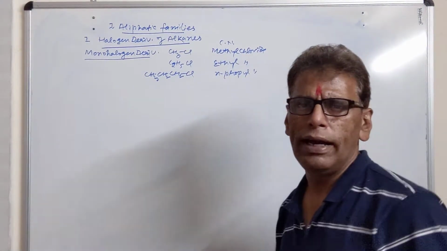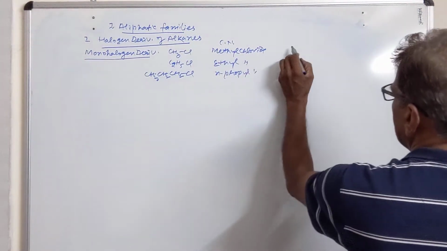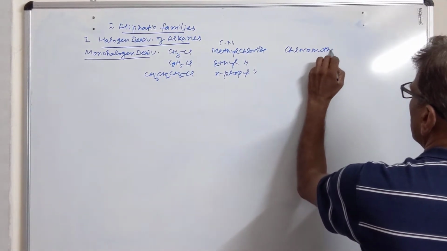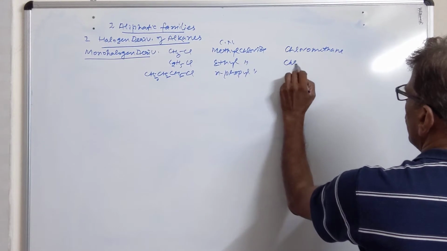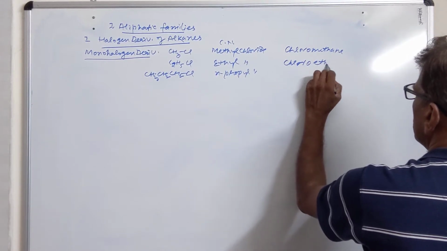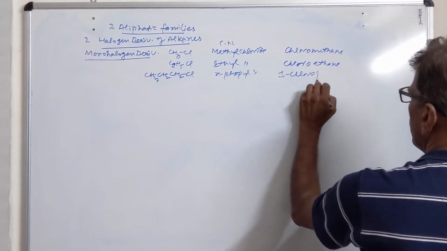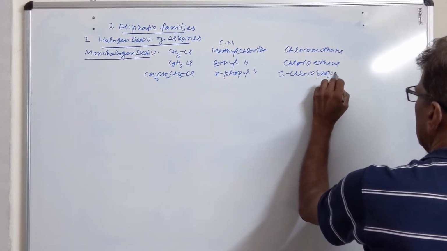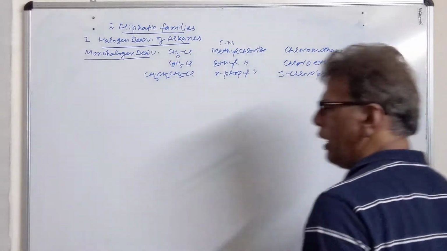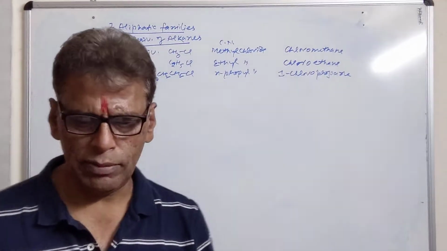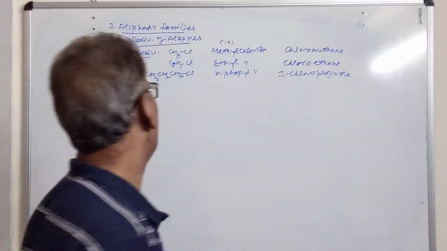IUPACically they are called chloroalkanes. This is chloromethane, chloroethane, then 1-chloropropane. Since propane has 3 carbons, chlorine can also be present on the second carbon, so we mention the position of chlorine here.